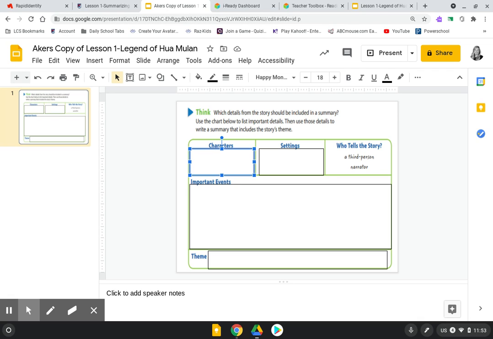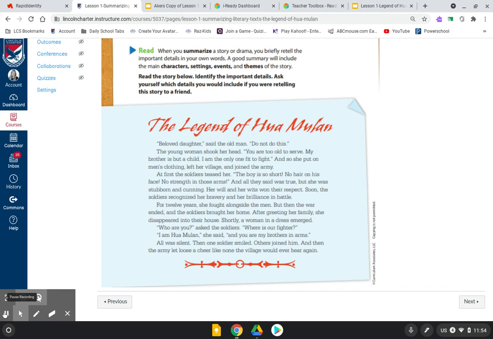Who tells the story has already been put in for us, and then we'll include our important events and our theme. So in thinking about your graphic organizer, you may need to go back and forth to remember who was in the story, the setting, and all of the events. So I can go ahead and put, we have Mulan, who happens to be the daughter. You see the soldiers are mentioned, as well as the father.